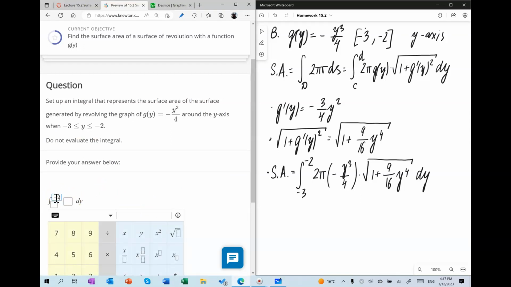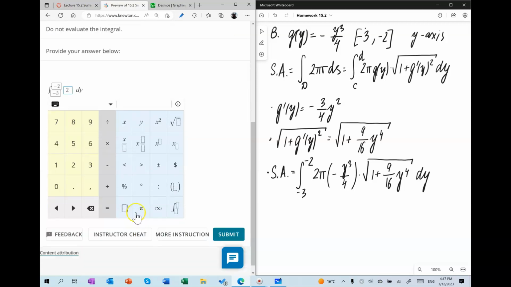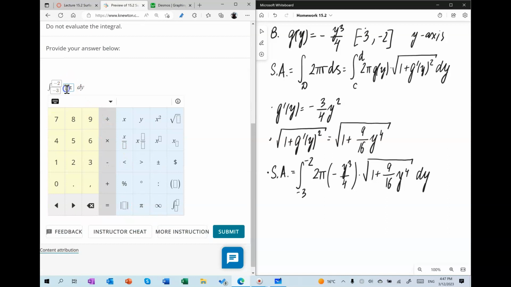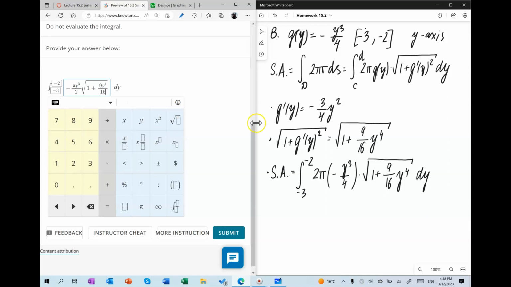So the upper limit is -2, the lower limit is -3, the integrand is 2 pi, let me take the negative out, so 2 pi, I guess we can just remove this 2, just divide by 2 over here, and we have y cubed, and we have a square root of 1 plus 9y to the power 4 divided by 16.